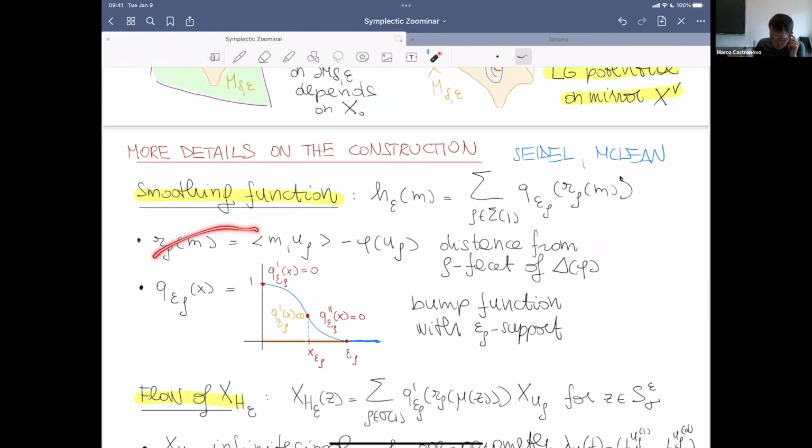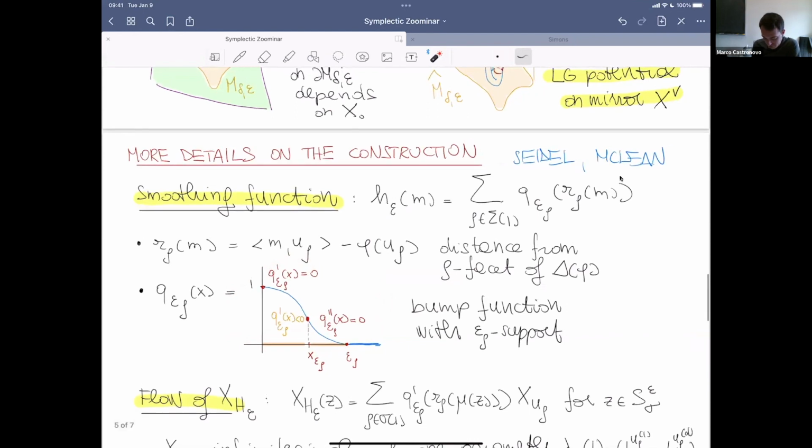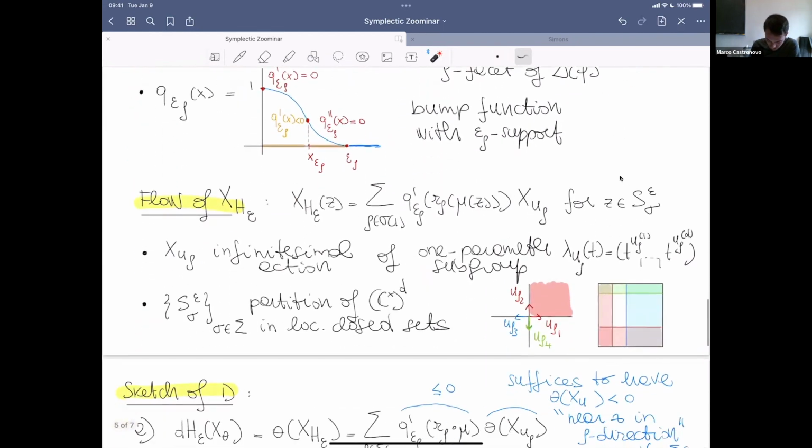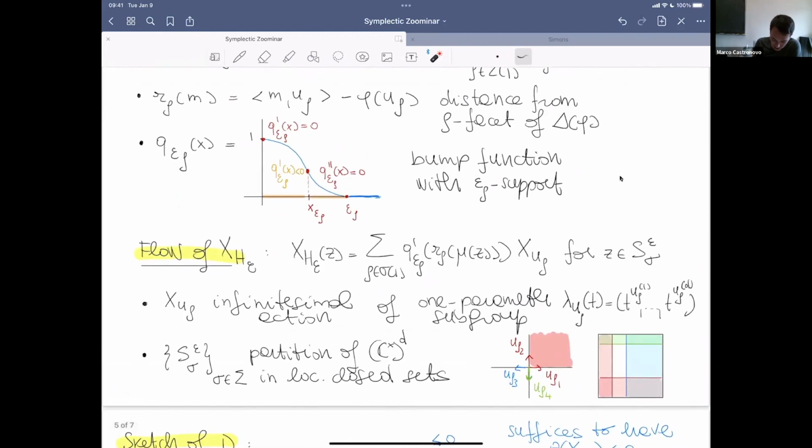And if you call these radial functions R_rho, and you apply to them certain bump functions, you get this kind of smoothing function that I was drawing. And these bump functions need to be chosen carefully so that the following then holds. And I can show you more pictures in question time.